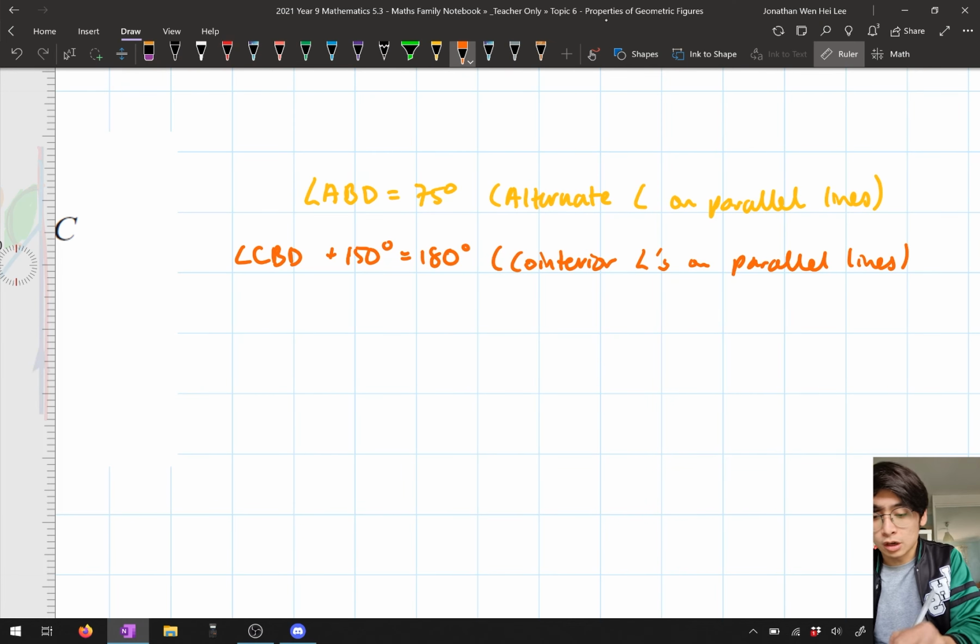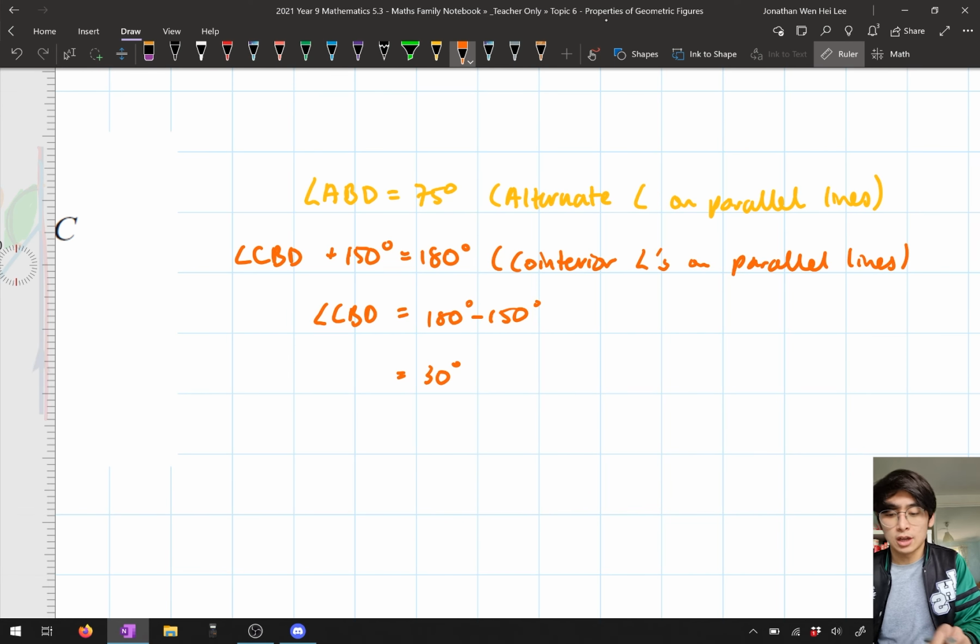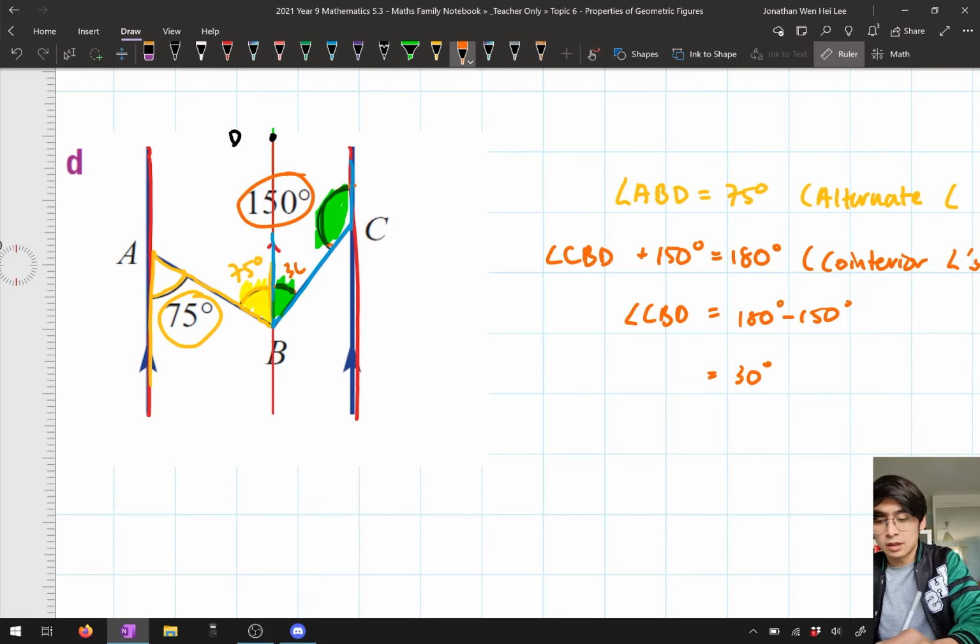And so if I solve this, I have angle CBD is equal to 180 minus 150. And so that gives me 30 degrees. So angle CBD, this one over here, is going to be 30 degrees.